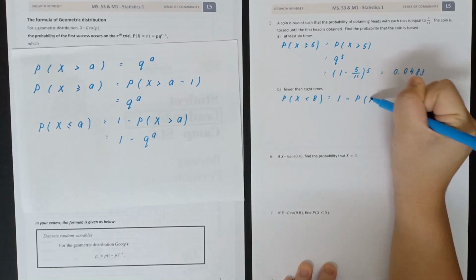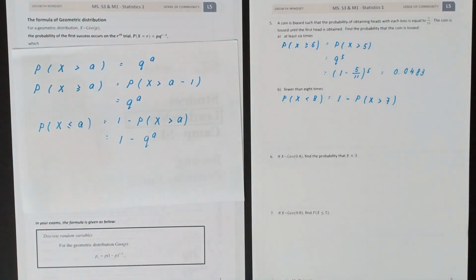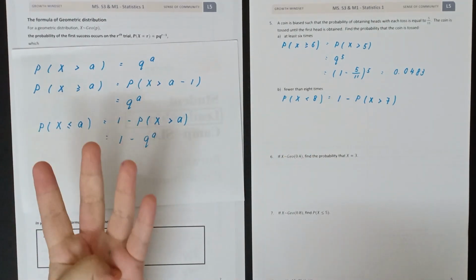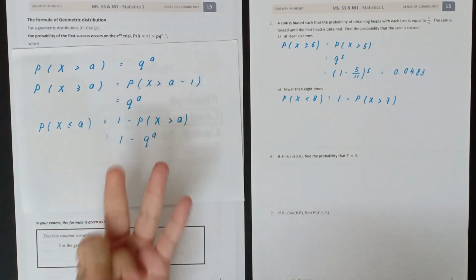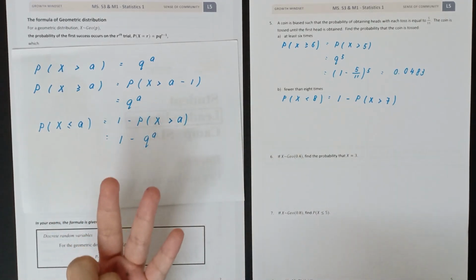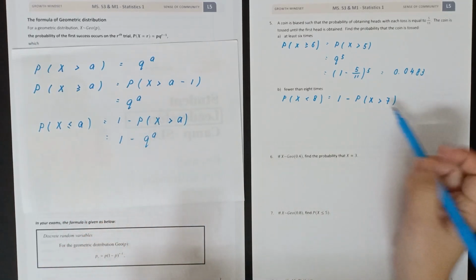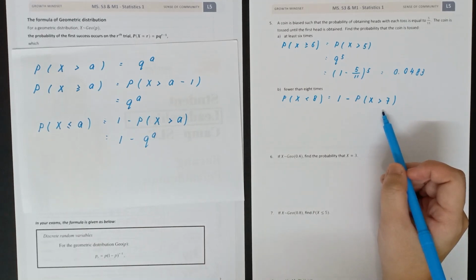So that's why X greater than 7. You get the idea? P(X smaller than 8) means 1, 2, 3, 4, 5, 6, 7 is what you want. The thing you don't want is 8, 9, 10, and so on. So P(X greater than 7) is the number of trials that you don't want.